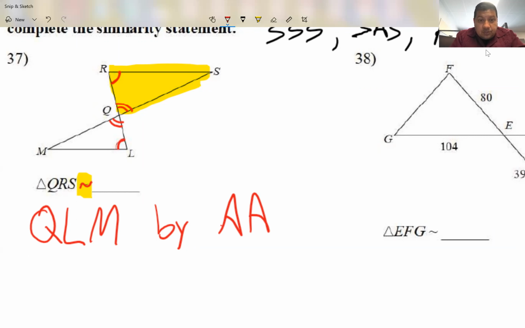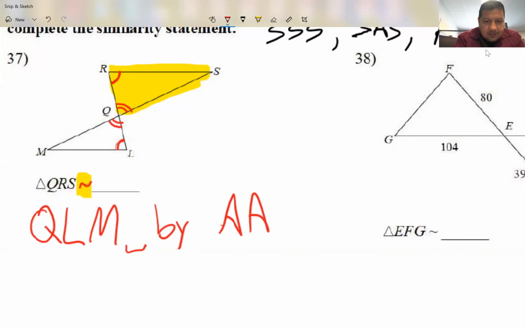Because remember, the instruction said, if it is similar, complete the statement and state how you know. So by saying how you know is obviously which rule you're using. So yeah, the whole thing, QLM by angle, angle. Don't forget the spaces in between my words. Let me emphasize, there's a space here and there's a space here, okay? Let's take a look at another example.